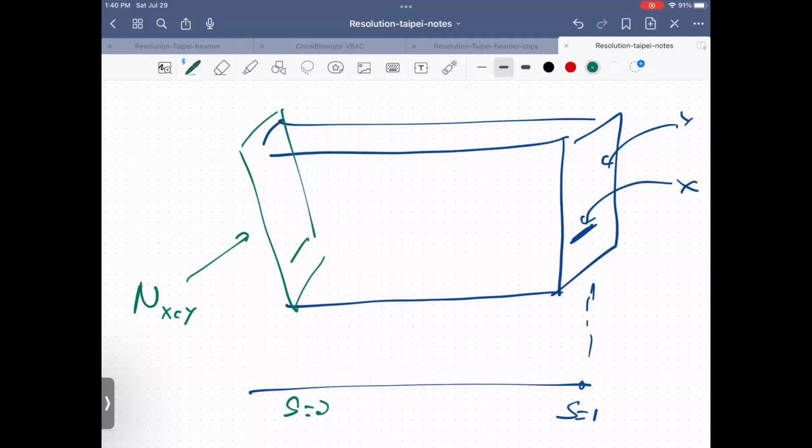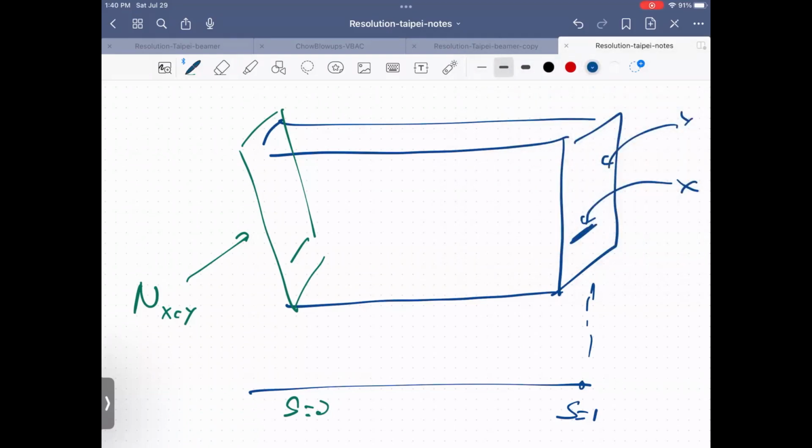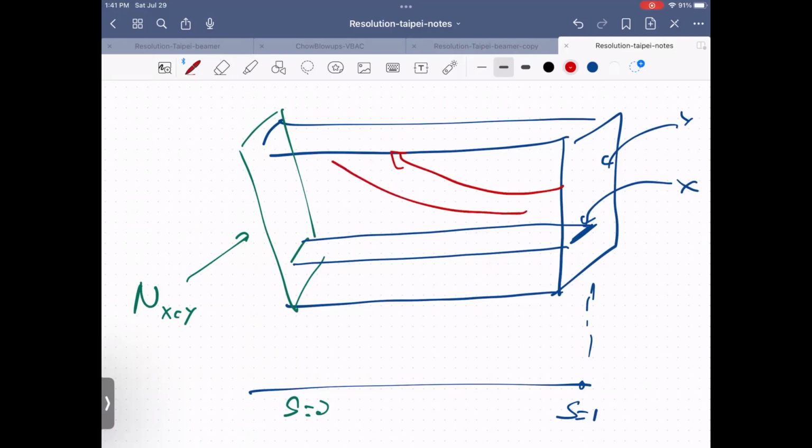The C star action, I should draw a picture of the C star action, but first maybe I'll fill up the family of copies of X. So there's a whole family of copies of X over the whole affine line. It's only Y, the ambient space, that is degenerating, and the orbits of the C star action look like this.